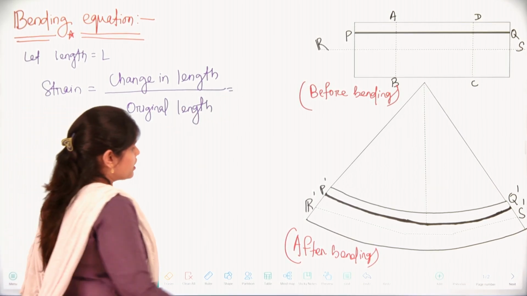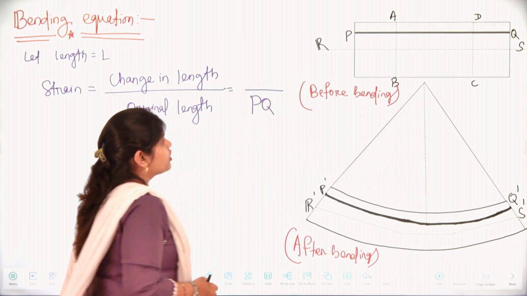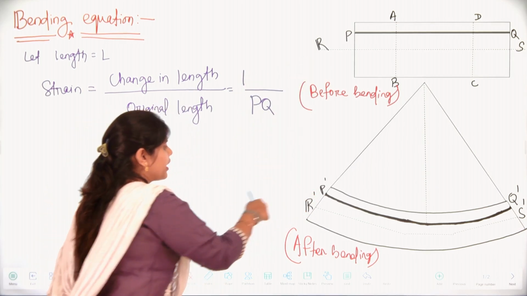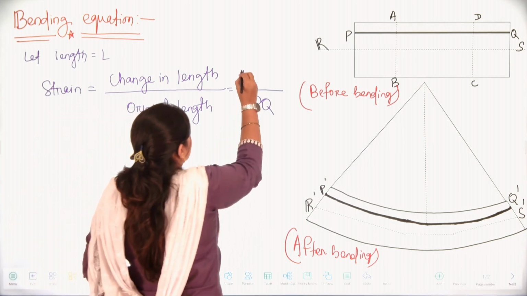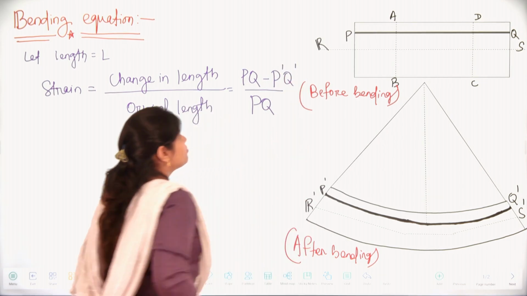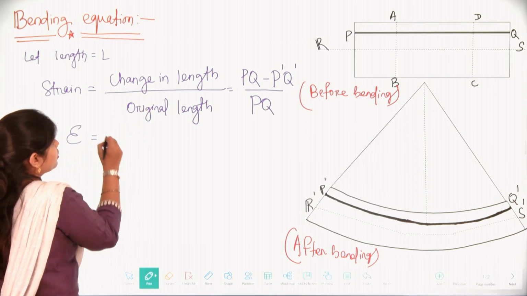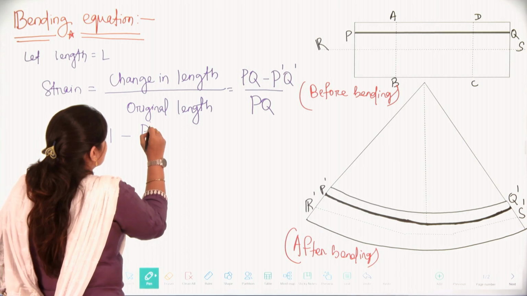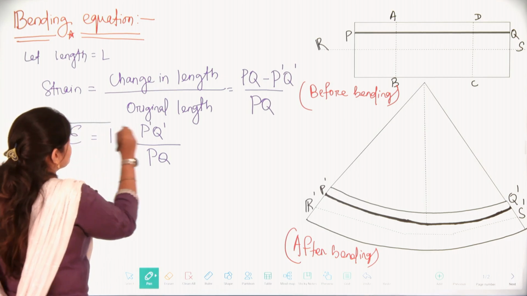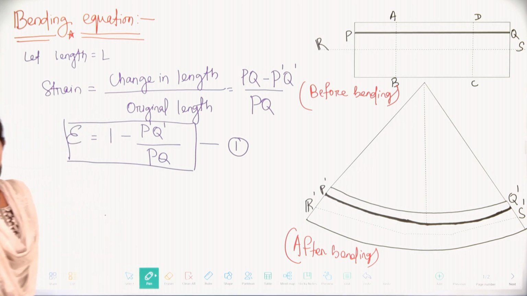The original length is PQ, but after bending we get P dash Q dash, so the change is PQ minus P dash Q dash. We can also write epsilon equals 1 minus P dash Q dash divided by PQ. Let this be equation 1.